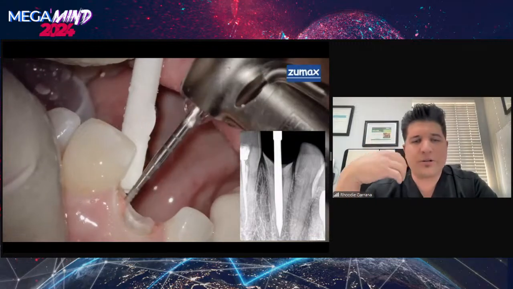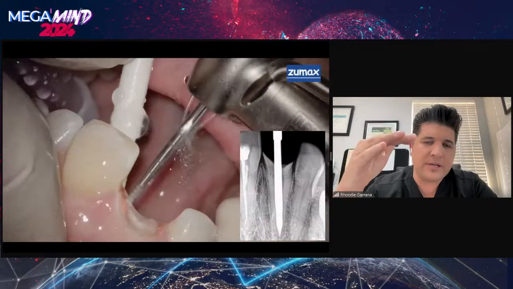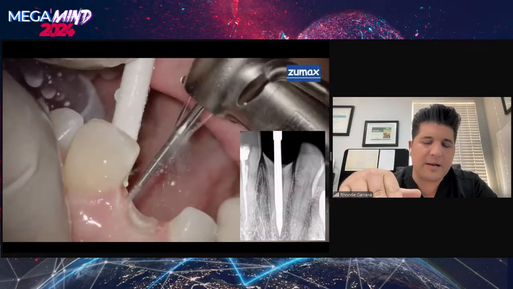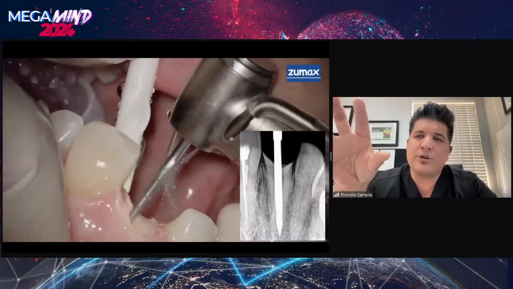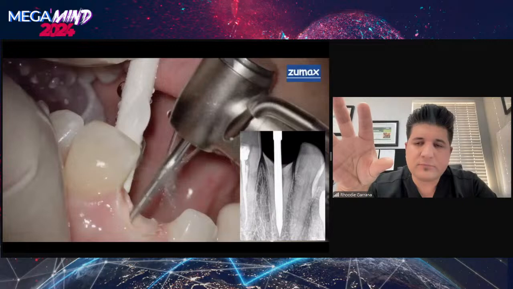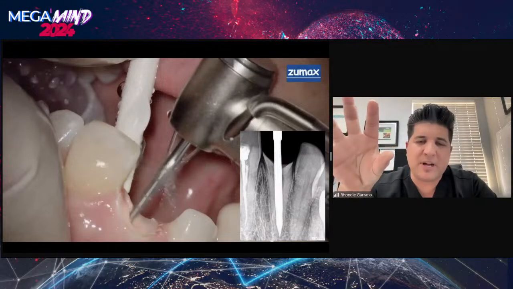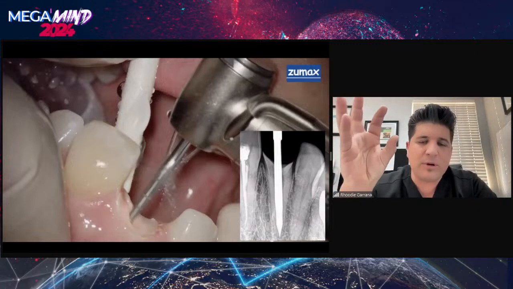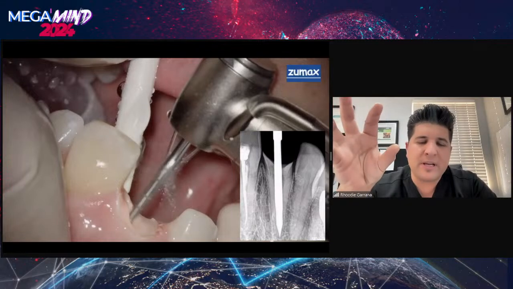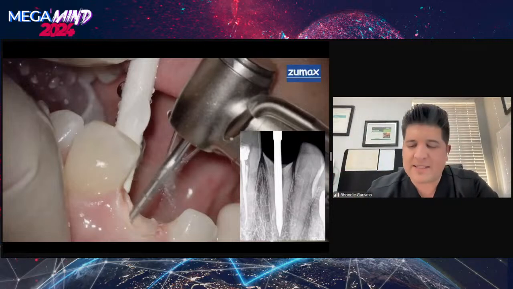I then continue with my fissure burs in my kit to section the tooth, and I'm trying to see if I've got enough sound tooth structure here to perform a socket shield. Obviously using radiographs to assess my depth and my alignment so that I'm not off, but I want to see if I can remove and keep enough tooth structure and remove enough of the palatal root to get an effective shield in place.